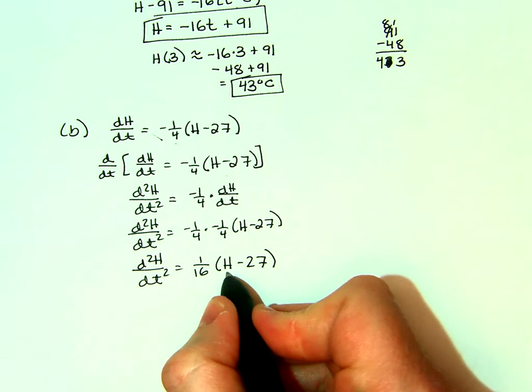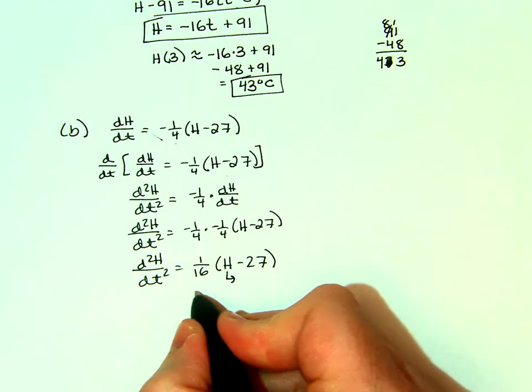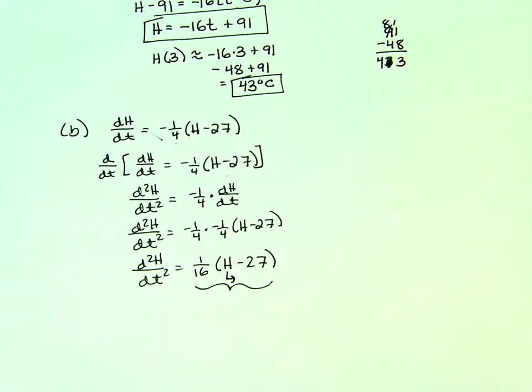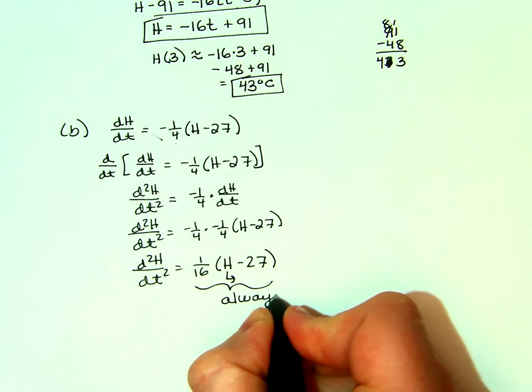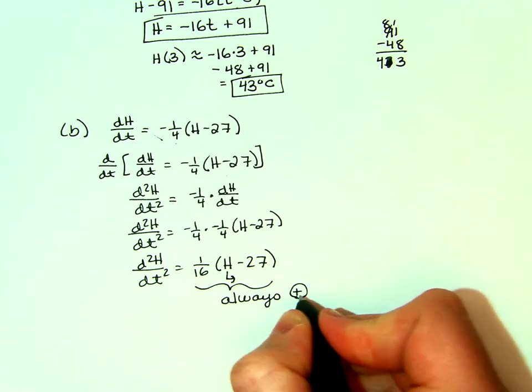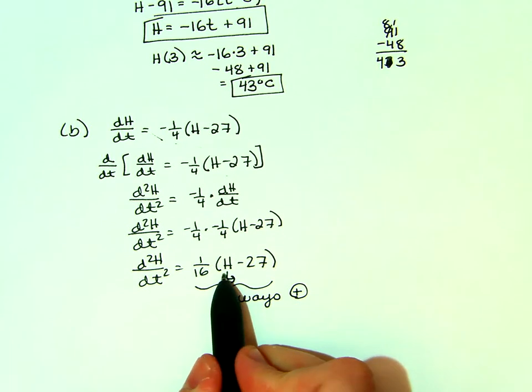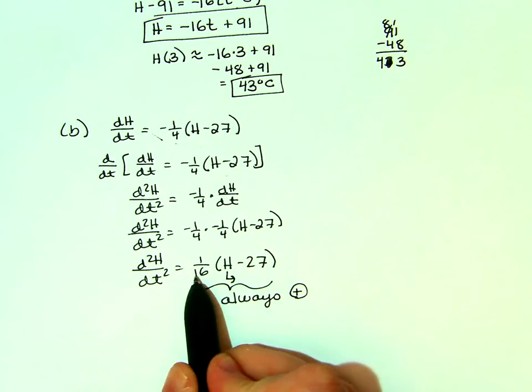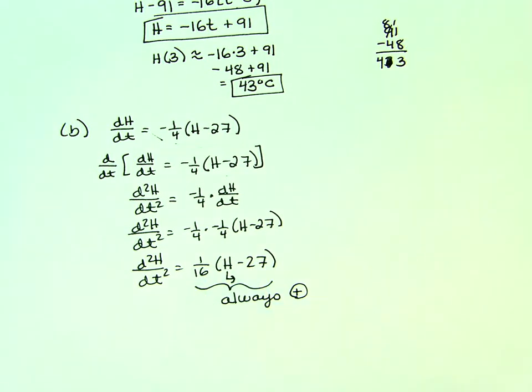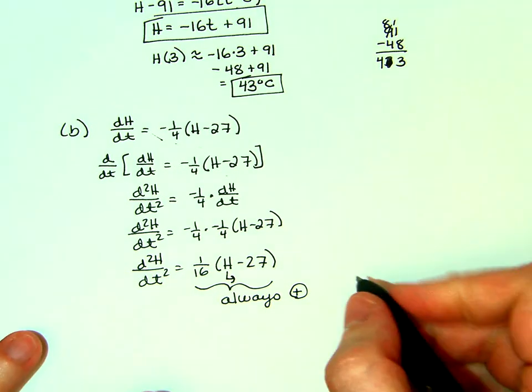If h is greater than 27, I know that this thing over here is always going to be positive. Again, the logic here is h is something greater than 27. No matter what you plug in that's greater than 27, this thing over here is positive, times 1/16 gives you a positive final answer. If the second derivative is positive, that means our graph is concave up.